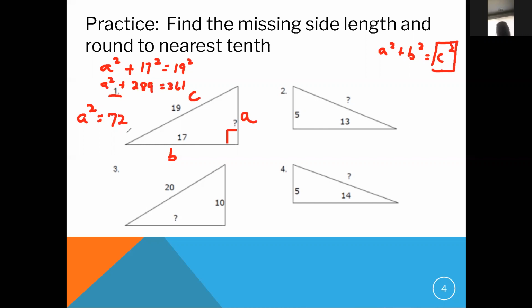Does everybody understand where that 72 came from? Yeah. Okay, good. Anybody have a question before I move on? Because I'm more than willing to answer questions. Monica, you good so far? Not really. Okay. When I say square, do you know what that means? Yes. Multiply it by itself.